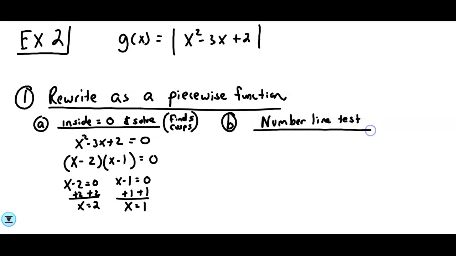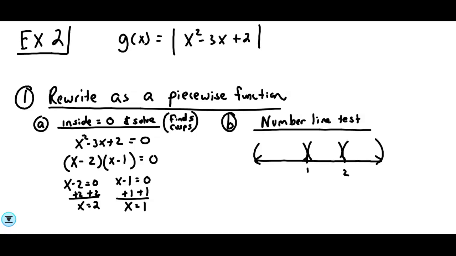Okay, so we set up a number line with those two x values on there. We have x equals 1, and we have x equals 2. And what we're going to do is plug some numbers in from each one of these intervals to see whether it will cause a change in the signs of the function or not.